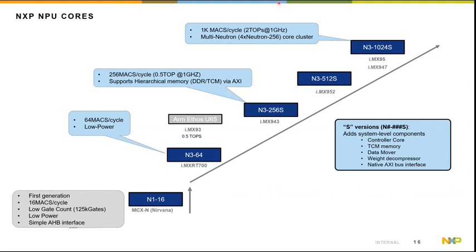At the top right, you have four Neutron 256s combined to give you the 1,024 MACs per cycle performance for these devices. This is subject to change, but it gives you an idea that this is not a one-off module. You will be seeing this again, and we see it as a key feature going forward.